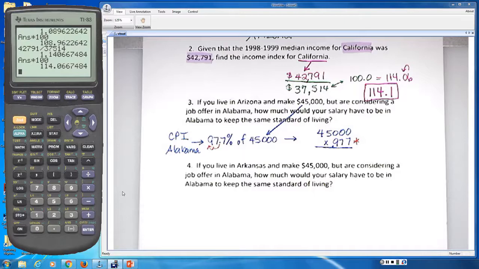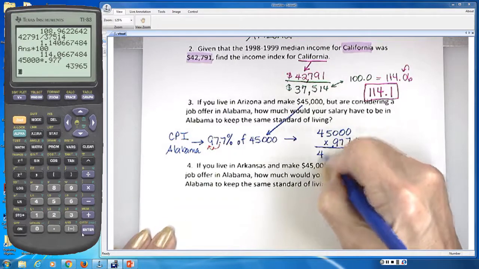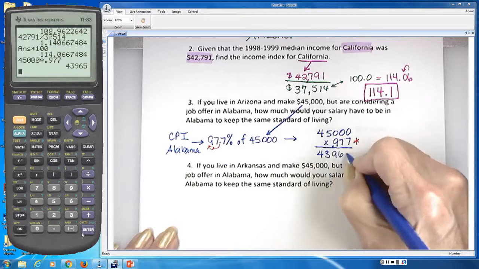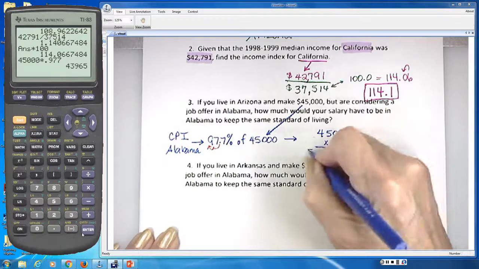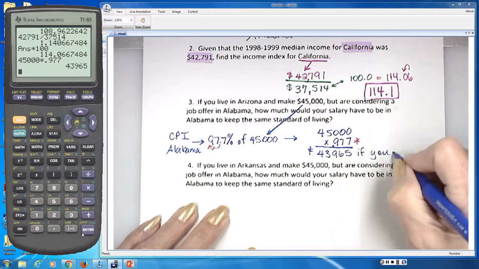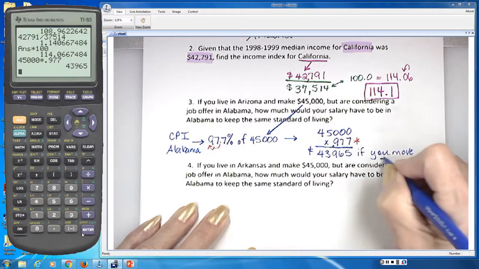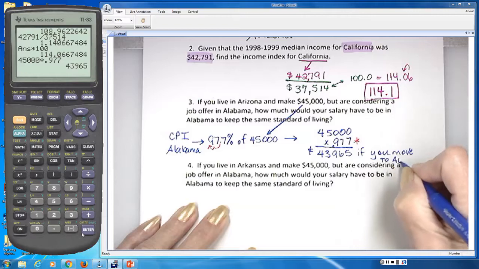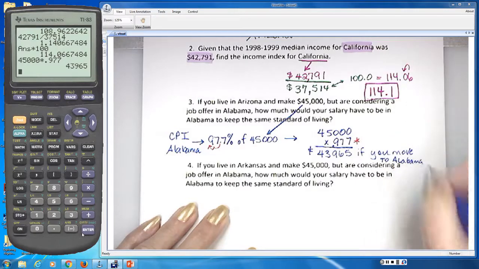And this follows the same pattern that we've used before. Then you would only have to make $43,965 if you move to Alabama.